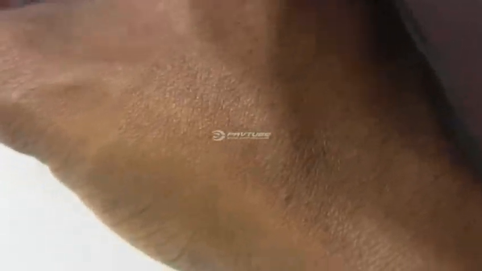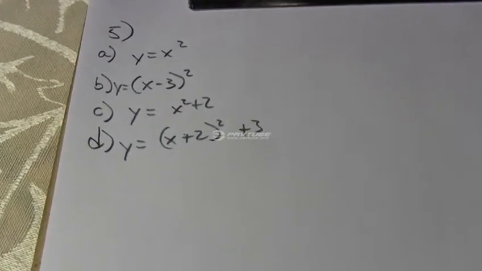B, y is equal to x minus 3 squared. C, y is equal to x squared plus 2. D, y is equal to x plus 2 squared plus 3. Alright.